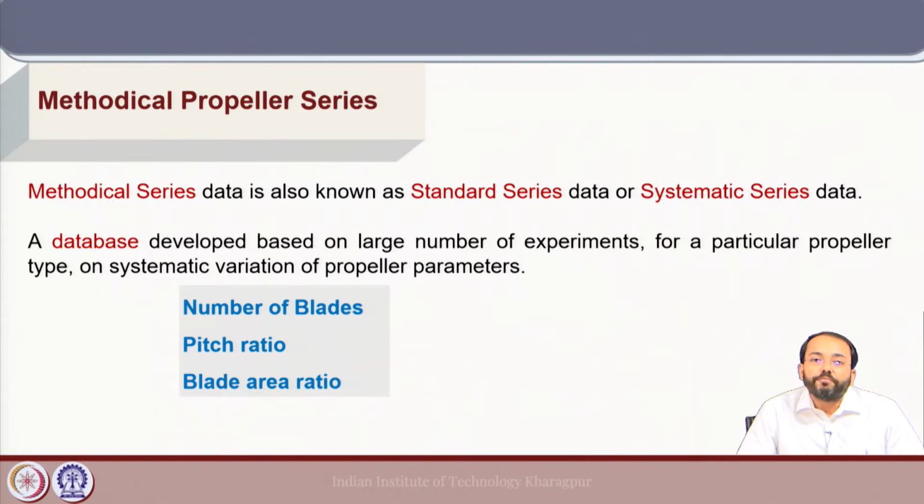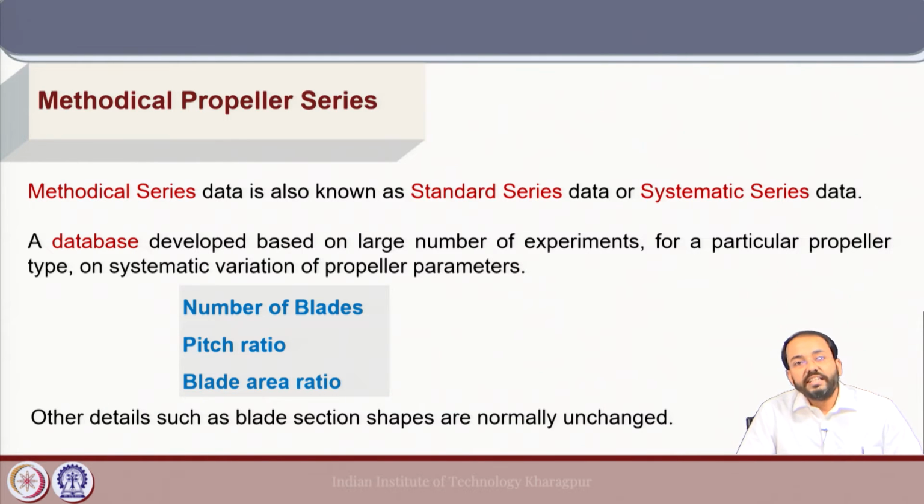In terms of parameters, the primary parameters which are varied to obtain these data sets are the number of blades, pitch ratio and blade area ratio, which are very important in defining the propeller geometry. There are other details, for example shapes of blade section and thickness ratio, which are normally unchanged.